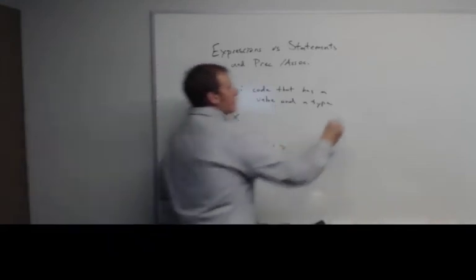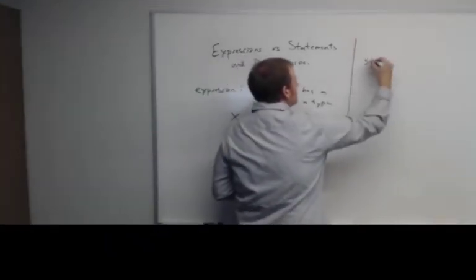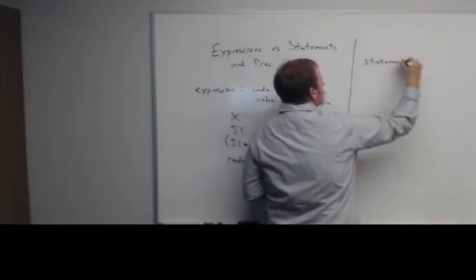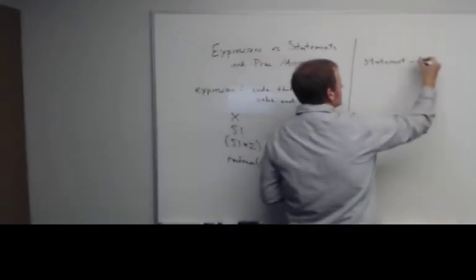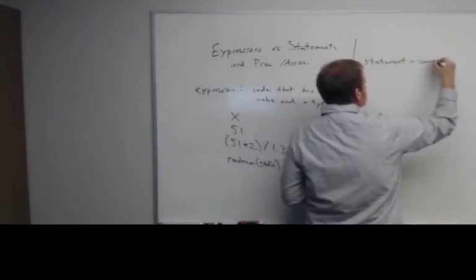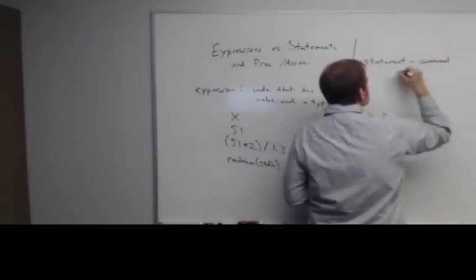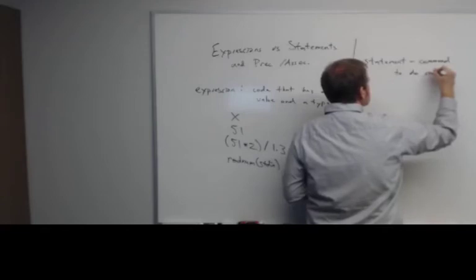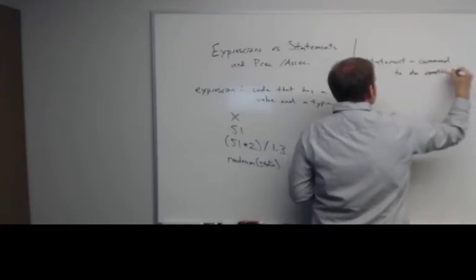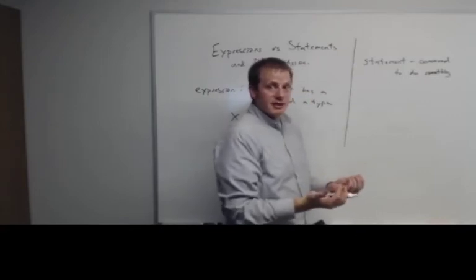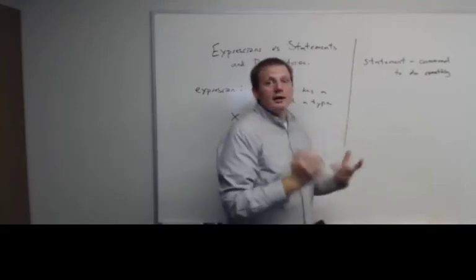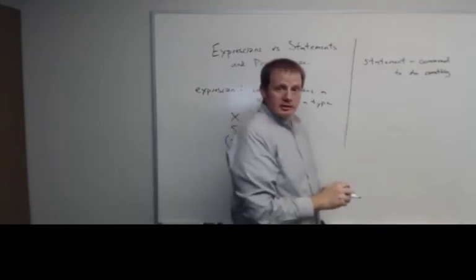And a statement, on the other hand, is an instruction for the computer to do something. It's kind of like a command. And so far, what a statement is for us is mostly just something that ends with a semicolon, like a complete line, a complete statement in your C program.